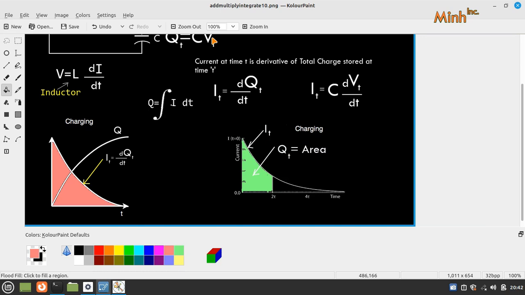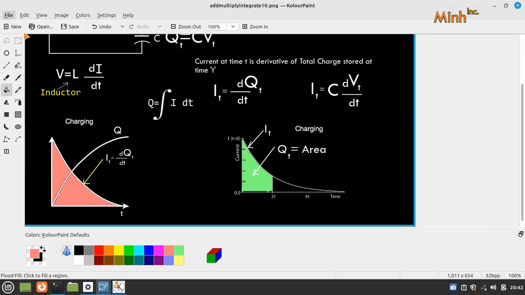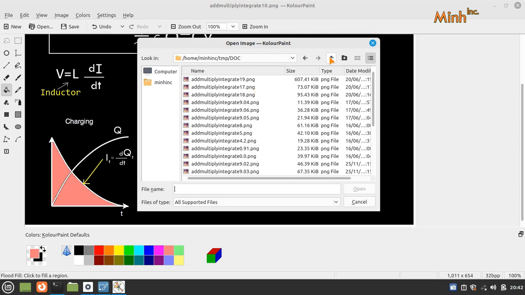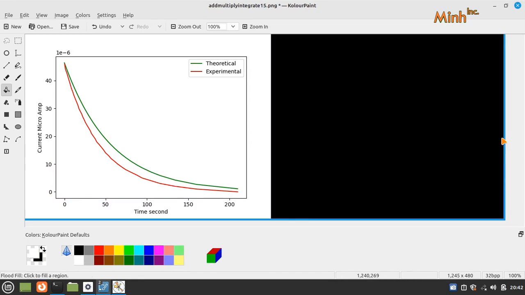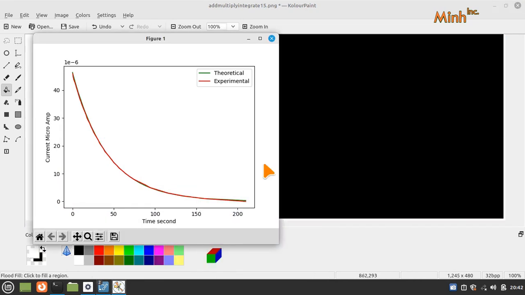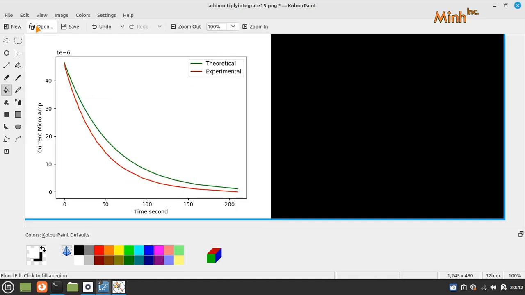Okay, so I mean we can paste it. We'll save it, call it figure 3, and we'll import it.